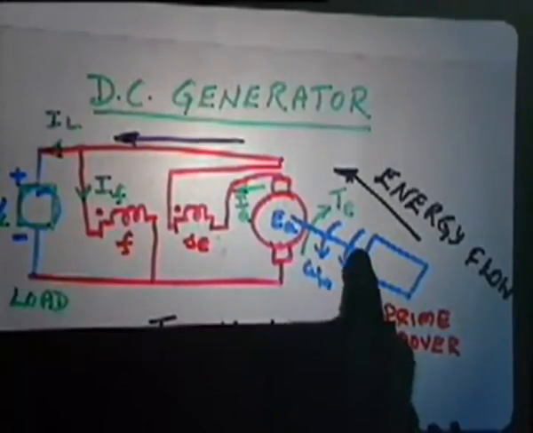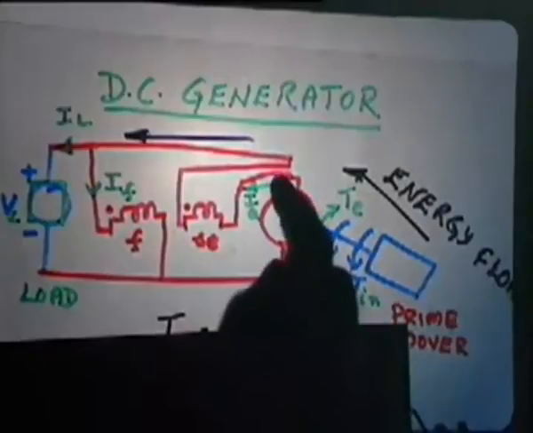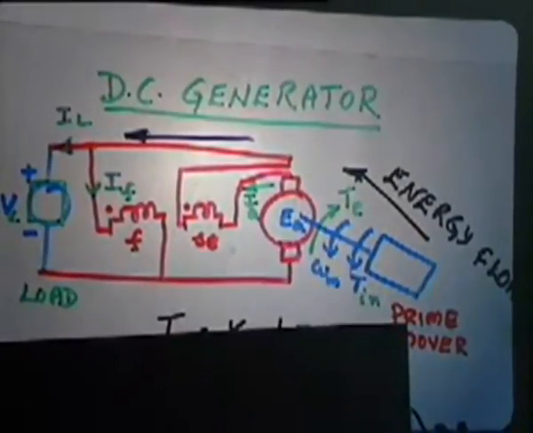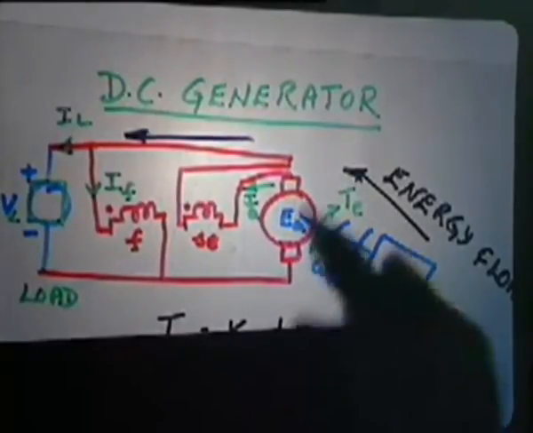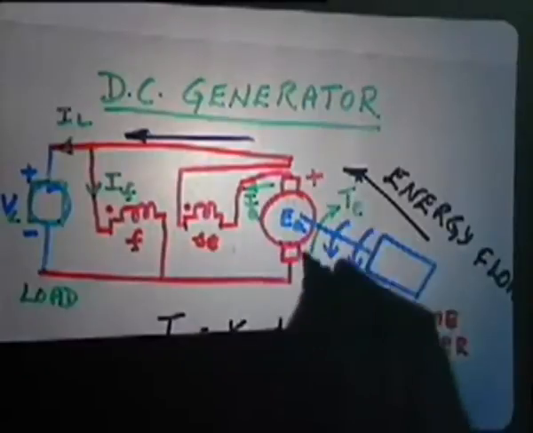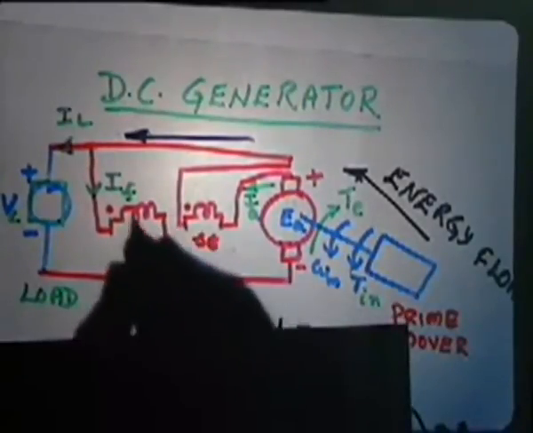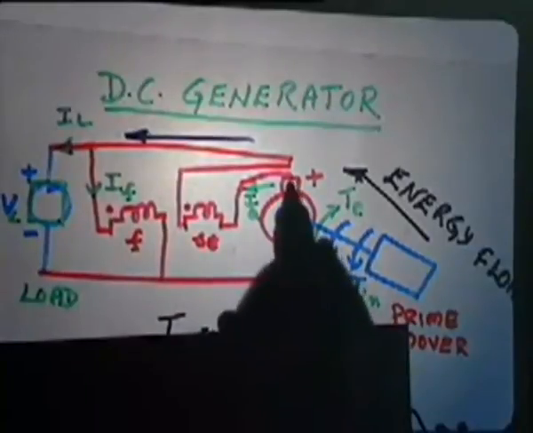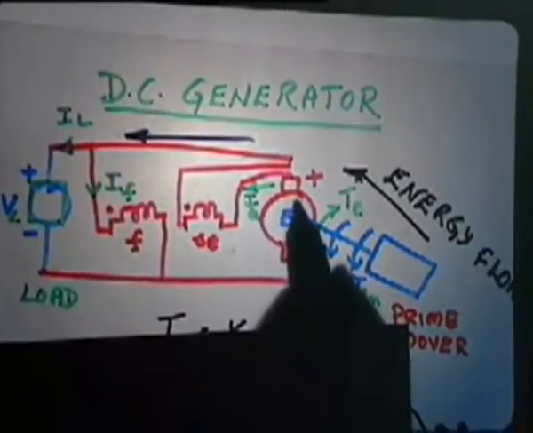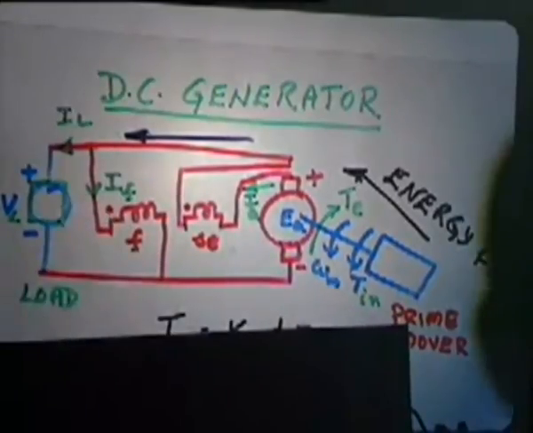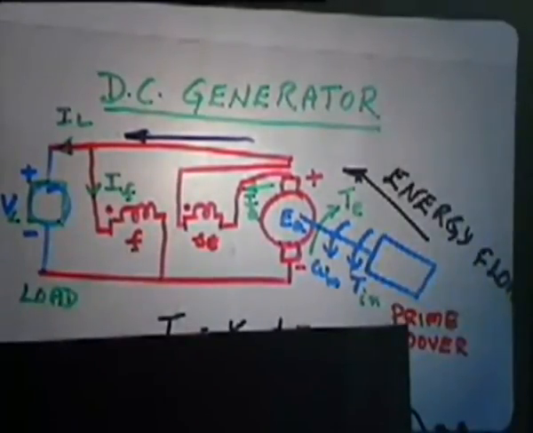so that the input torque should be equal to the opposing developed torque, so that there is an equilibrium of the mechanical sector. Then there is an induced voltage with this direction, plus and minus, due to the flux flowing this way, and the current will go out like this.